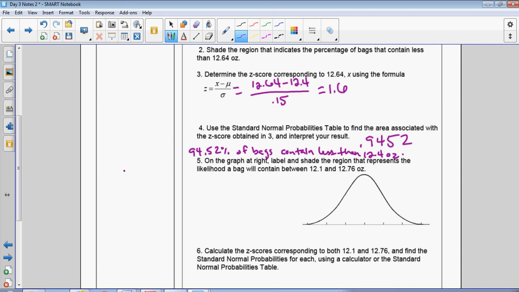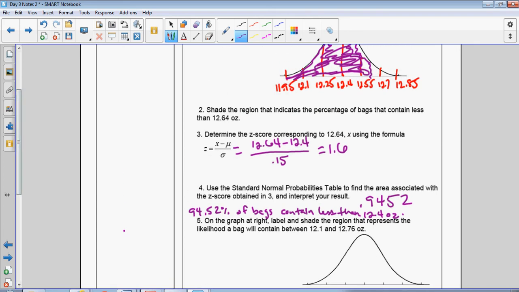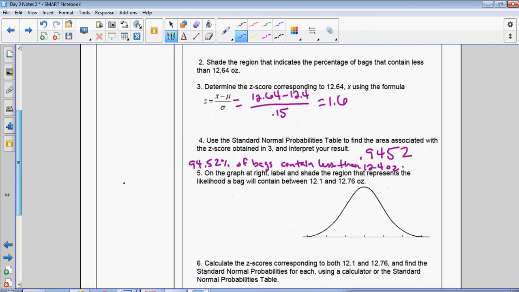So you still have the same mean, 12.4, and you add your standard deviations. Okay, so this time you want to be between two values. So you can see the 12.1 lands right here on the 2 standard deviations below the mean, and 12.76 is not exactly on a standard deviation. So you estimate and you color it in.